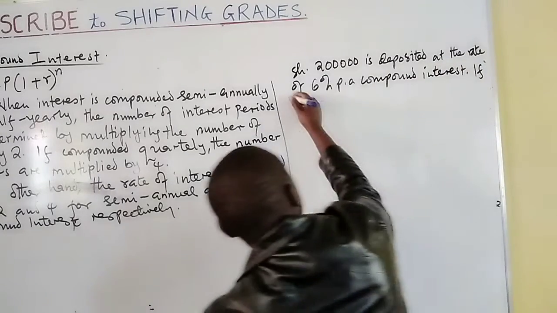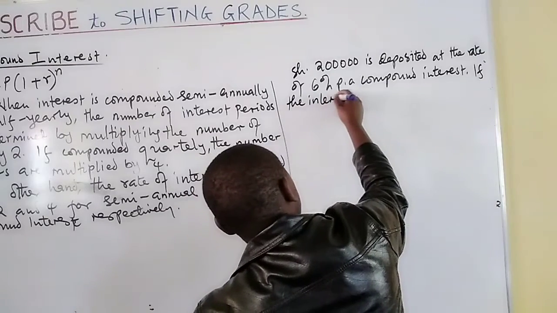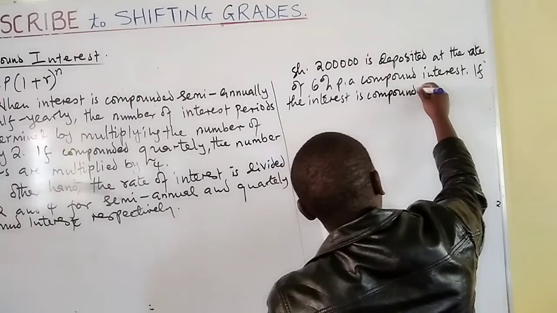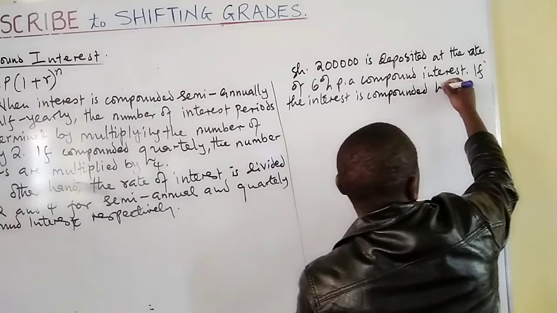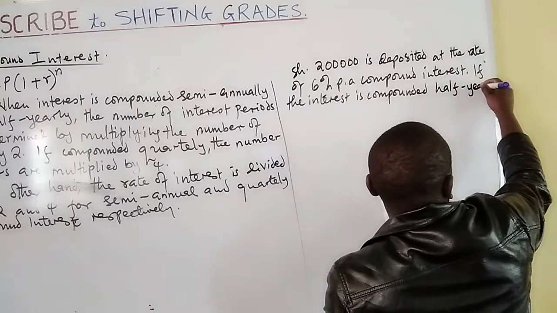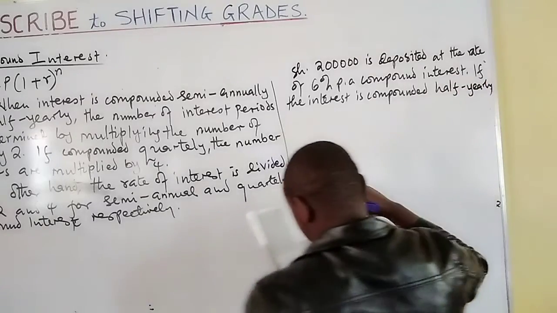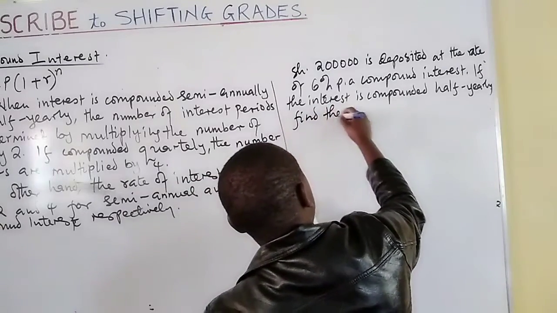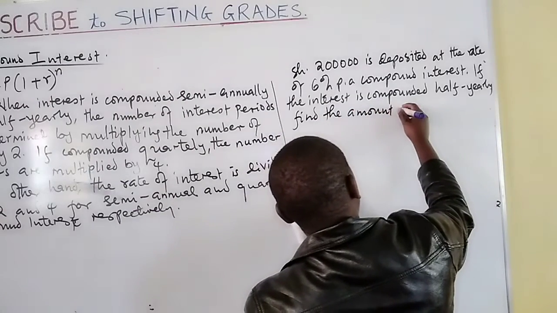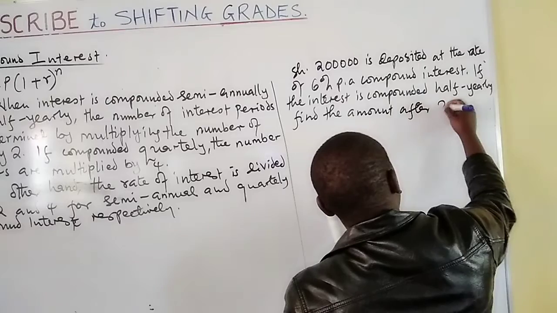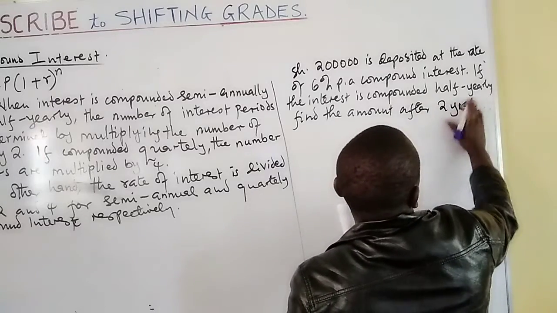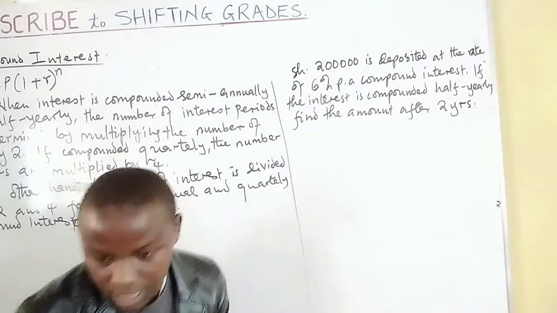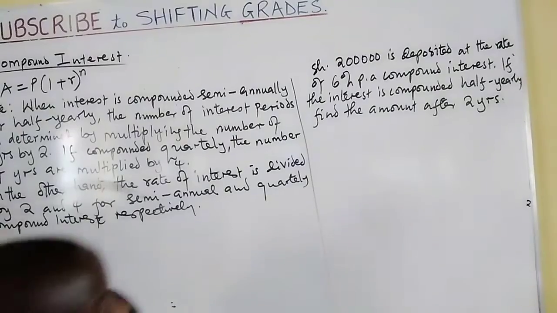If the interest is compounded half-yearly, find the amount after 2 years.